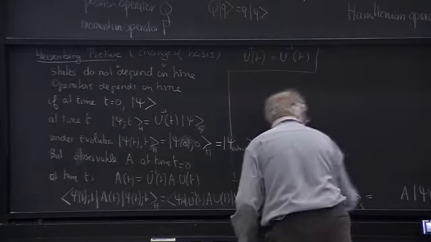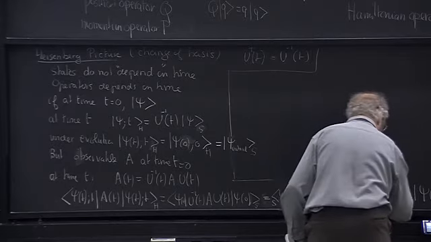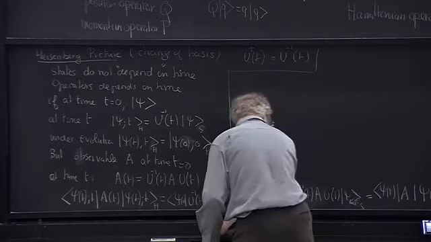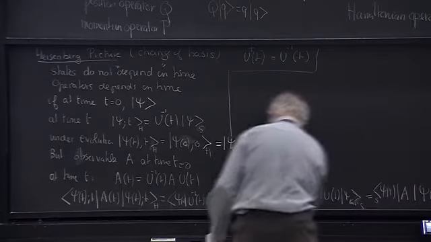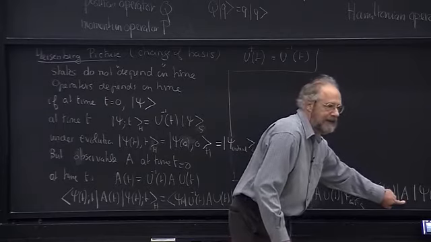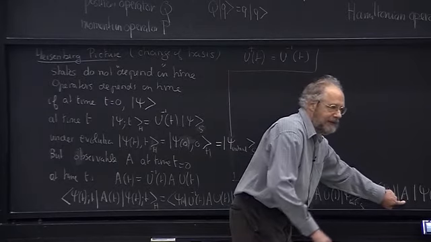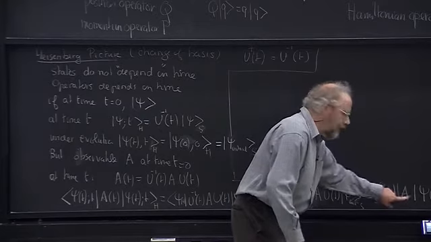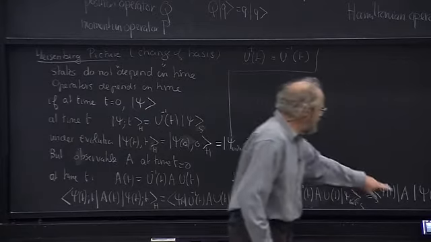And here we have the conjugate, so we have psi of t, Schrödinger. And this is the operator that is independent of time, associated to a projective measurement of the observable A at any time.